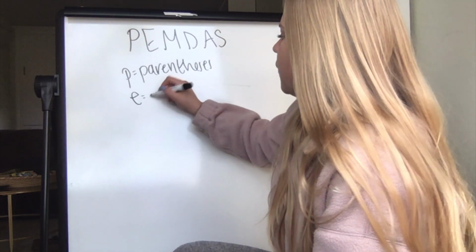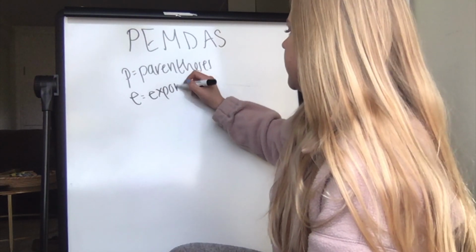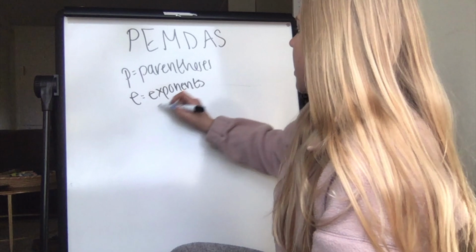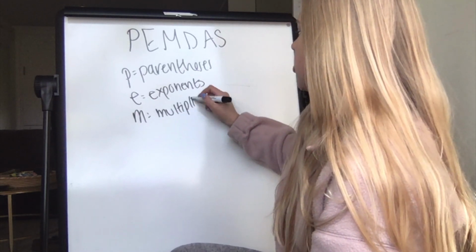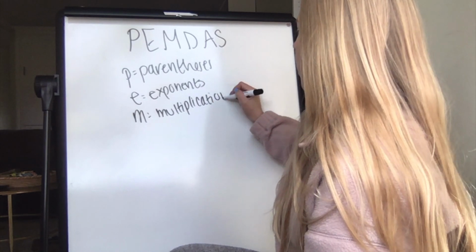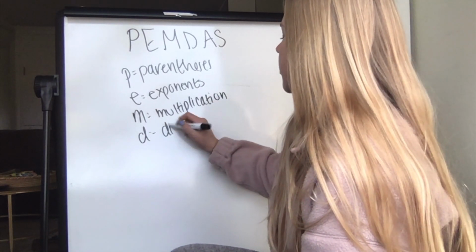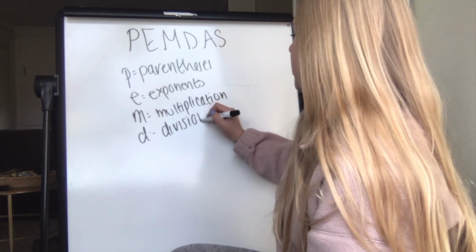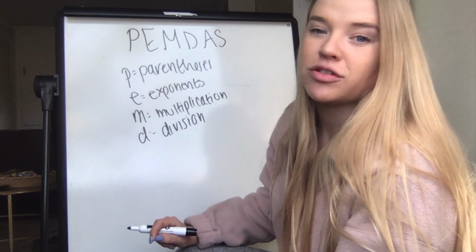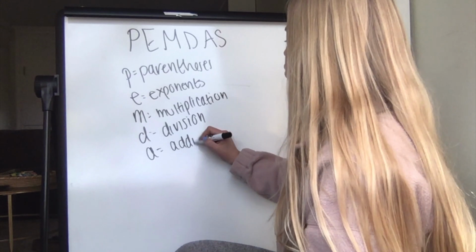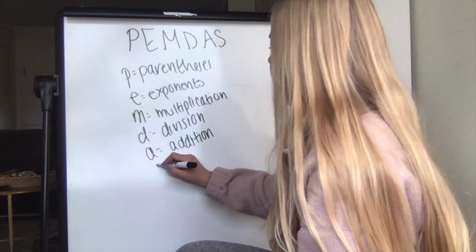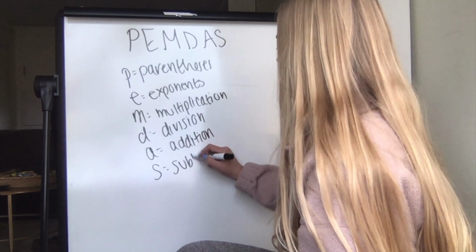The E stands for exponents. M stands for multiplication. And D stands for division. This is getting messier. This is just looking rough, but we can get through this together. A stands for addition. And S stands for subtraction.